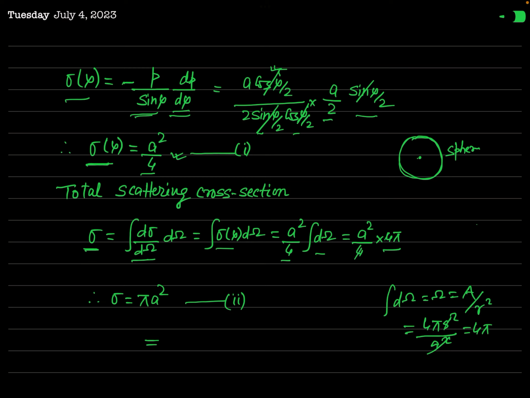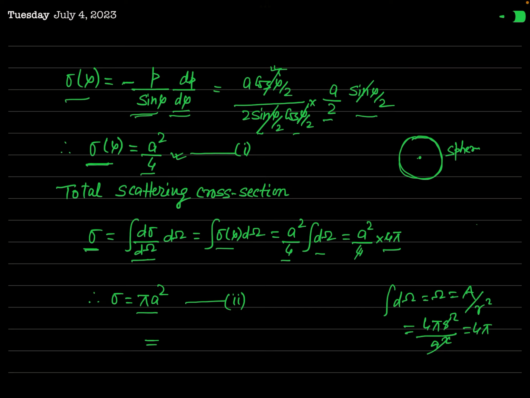And you can see this 4 and 4 will cancel out, and sigma is equal to pi a square. This is a well-known result. Even when we deal with the problem in the quantum mechanical way, you will see in some scattering processes like NP scattering, PP scattering, this type of result commonly occurs.